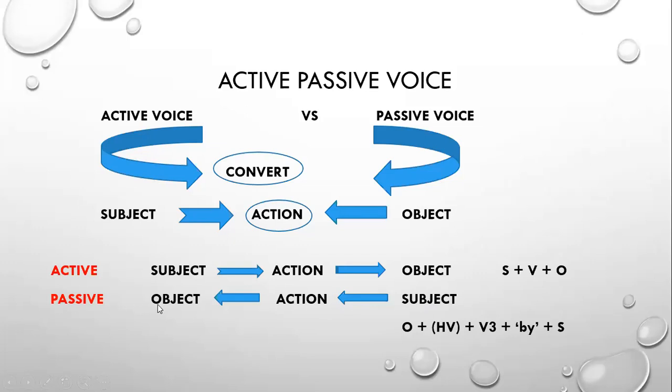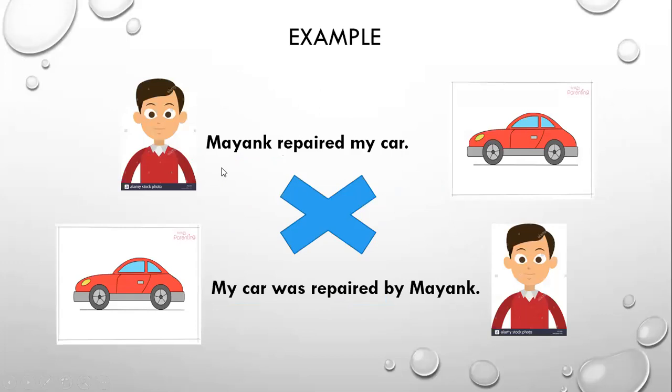It is very important to know how to convert active into passive voice, because passive voice is equally important as active voice. No doubt we use active voice mainly in our conversation, in our communication, but passive voice is equally important, so you must know the rules. Let's see the example here. If I say Mayank repaired my car, here it is Mayank and it is car.